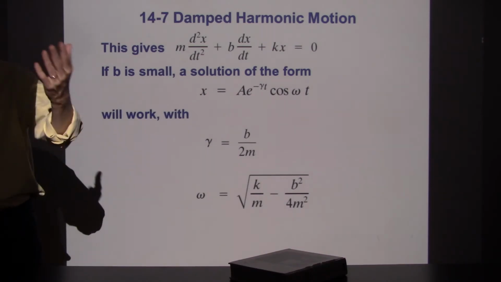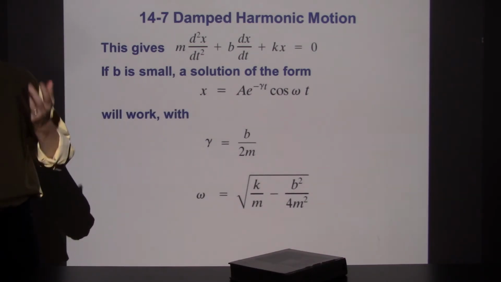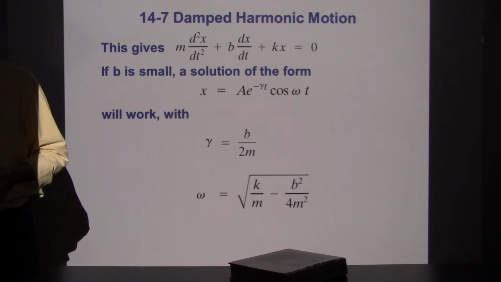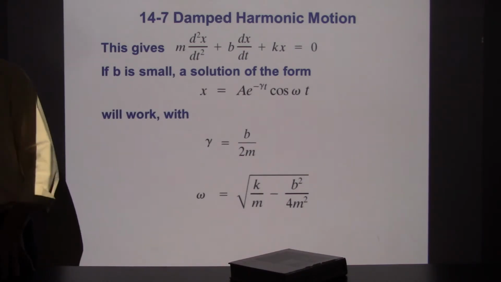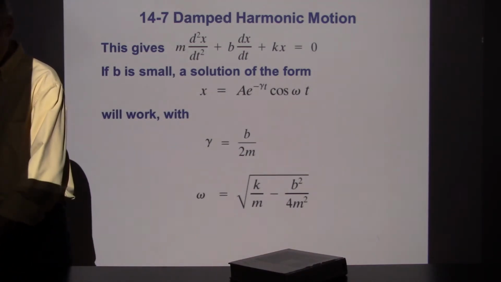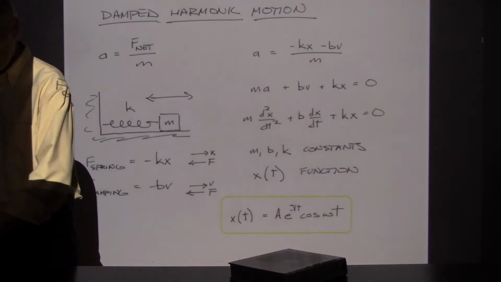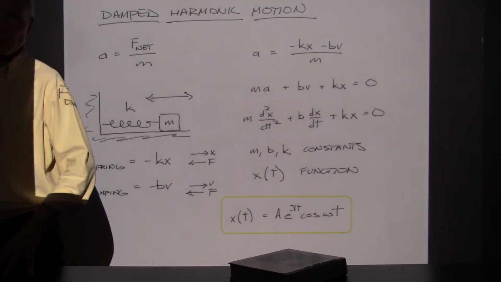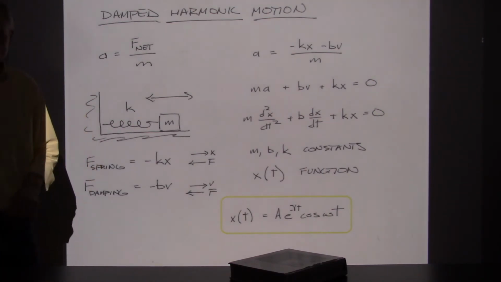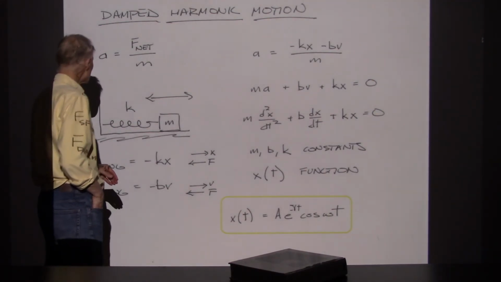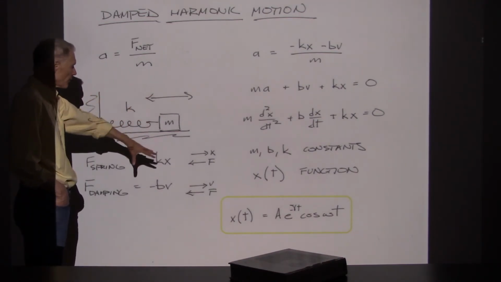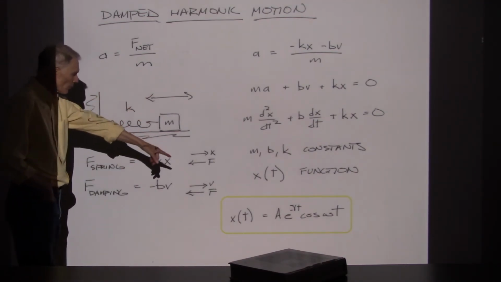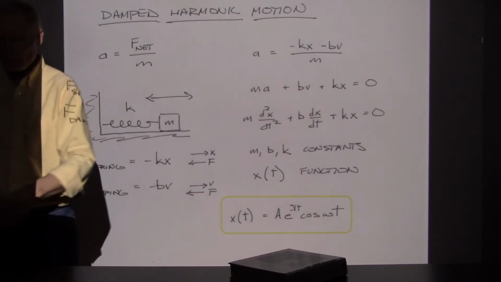If something's oscillating back and forth at least several times before it slows down and stops, there's not much of a damping effect going on there. So there's not much of an effect on the frequency. The effect on the frequency is pretty small. All right, so we caught up with this slide. So that's the solution that we're looking at.